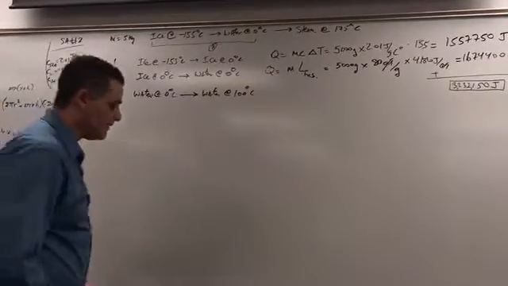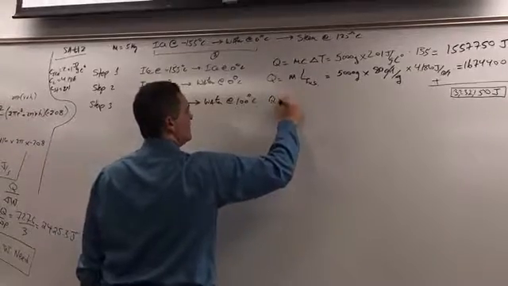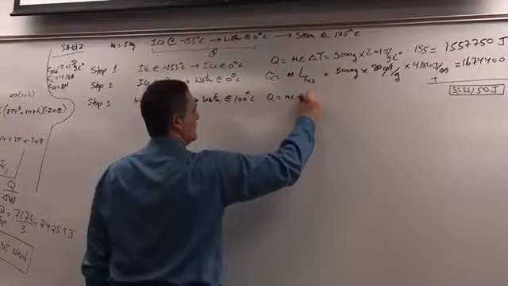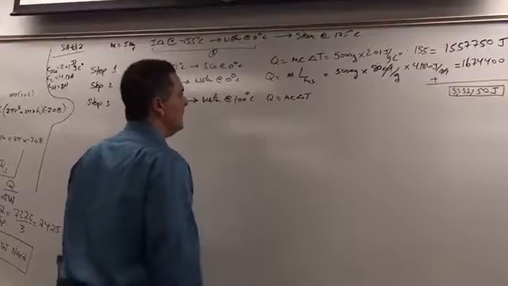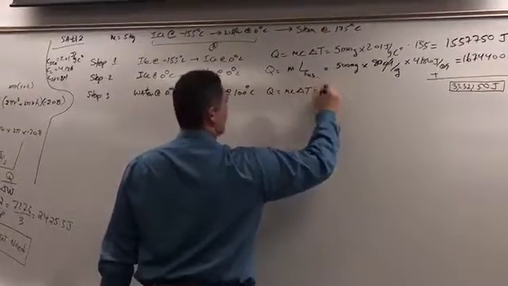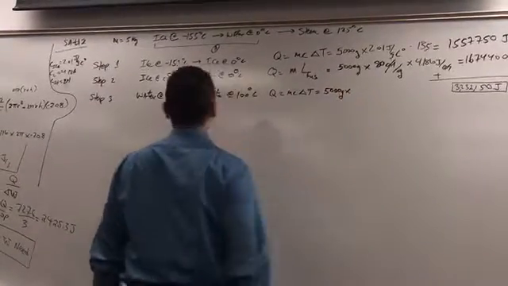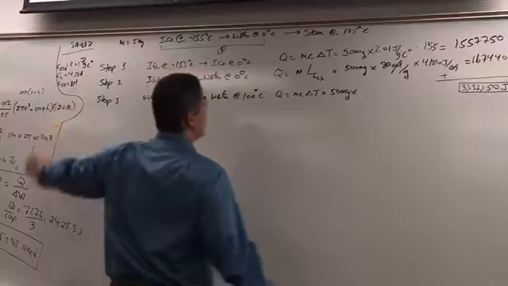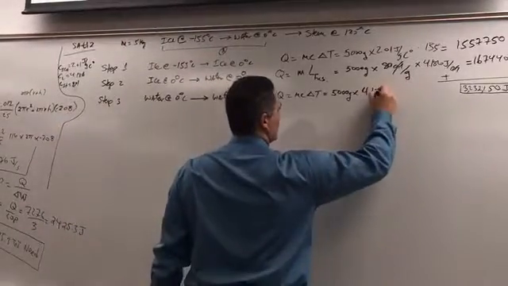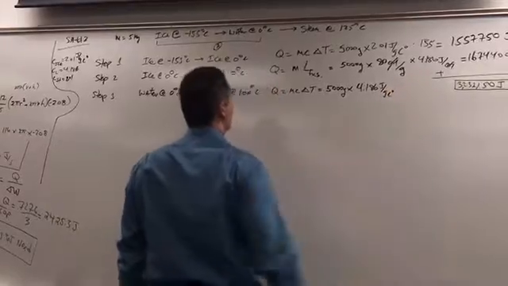When we're warming something that's in the same phase, again we use this formula: Q equals mc delta T. In this case, again, the mass is 5,000 grams times the specific heat capacity of water, 4.186 joules per gram degree C, and then the change in temperature.